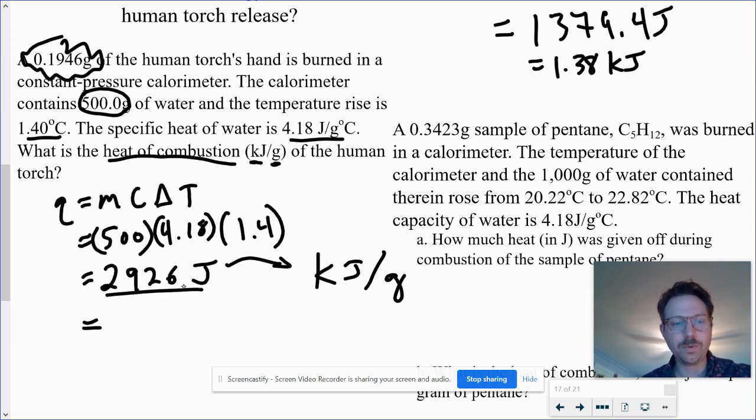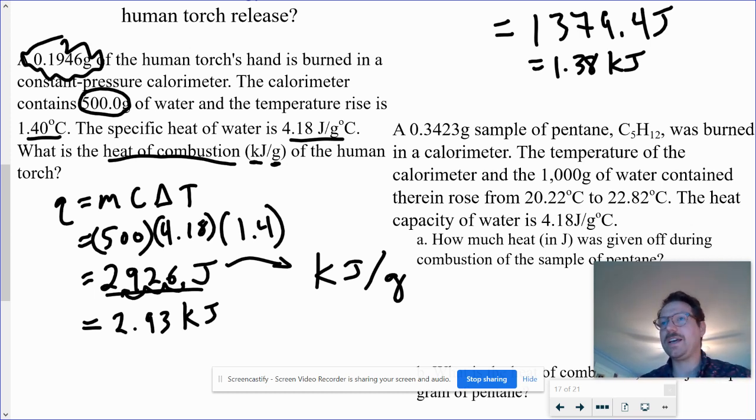How do we do that? We take the decimal place and move it over 1, 2, 3 places. We have 2.926, so let's call it 2.93 kilojoules. Now, that's how much energy we got from burning 0.1946 grams of the Human Torch's hand. That's how much energy we were giving off for that amount.